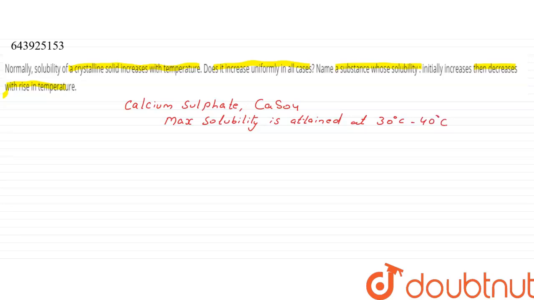So what happens here? This involves an exothermic reaction. So let us write the reaction.